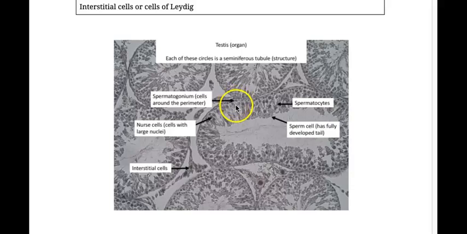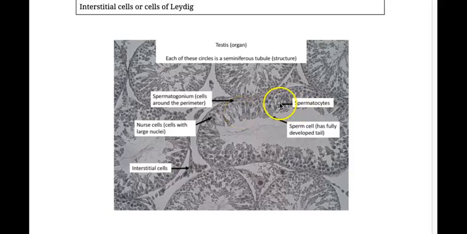As these cells divide, the cell that is divided will continue toward the lumen of the seminiferous tubule, and it kind of starts off somewhat cuboidal in shape, and then part of the job of these nurse cells is to help shape that cell into sort of that typical sperm cell shape.